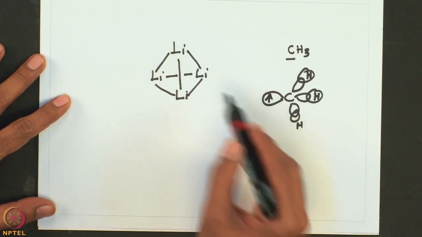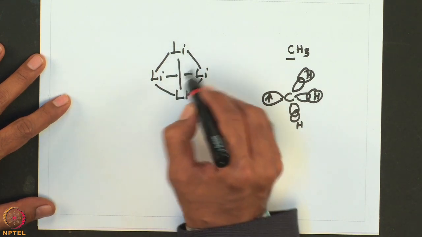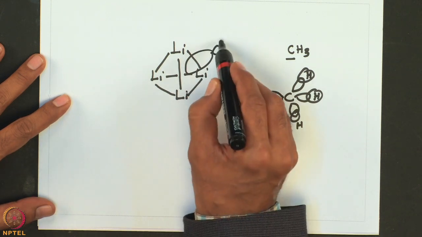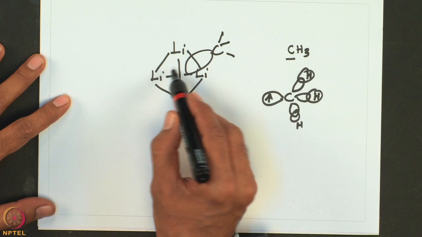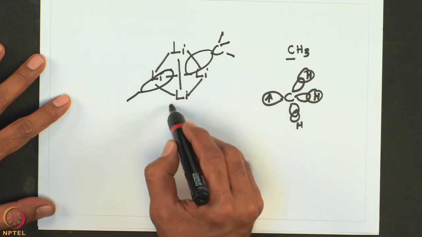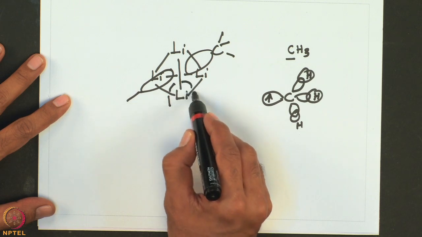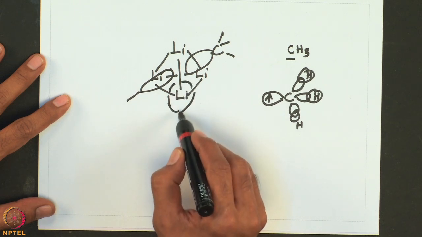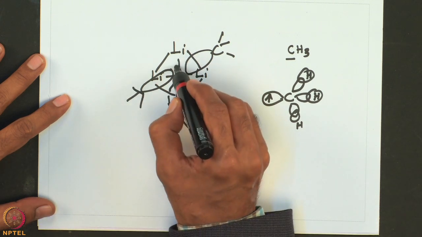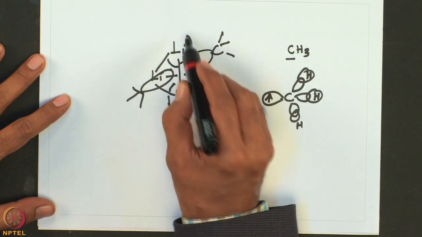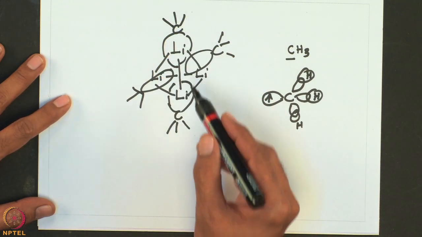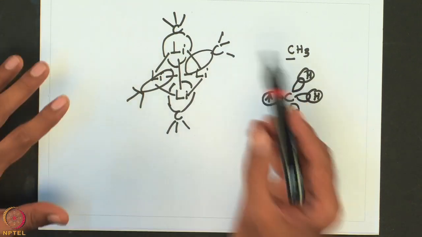So, essentially this one comes here and sits in one of the faces, something like this, on each face, something like this. So, this eventually gives a tetrahedral structure.